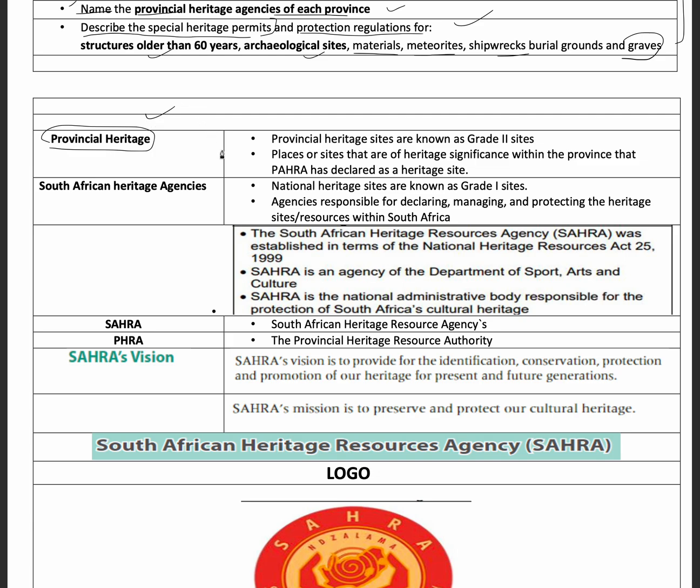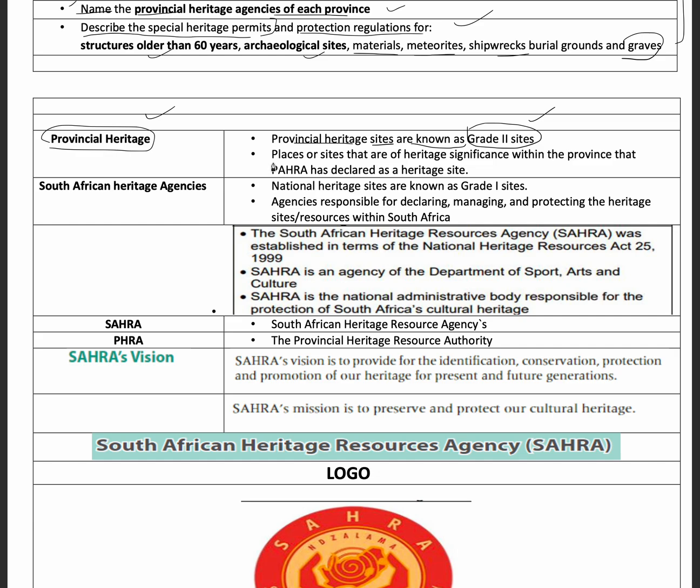So provincial heritage are sites. These are sites, also called tourist sites, places to visit. We call them sites. Provincial heritage sites are known as Grade 2. The other name is Grade 2. Please make sure you check it.